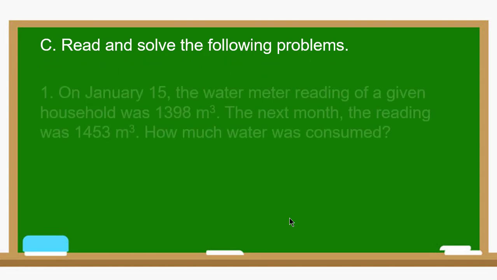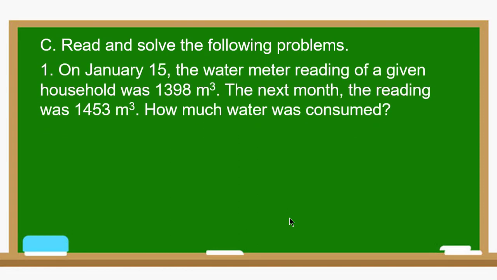Letter C. Read and solve the following problems. Number 1. On January 15, the water meter reading of a given household was 1,398 meter cube.